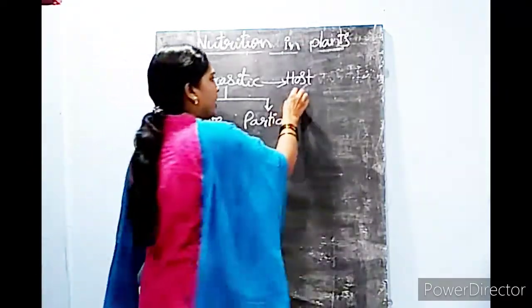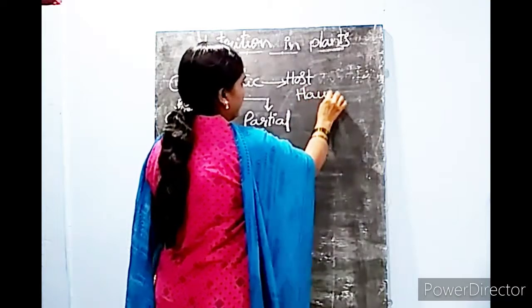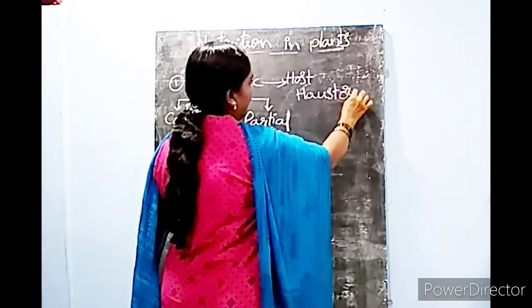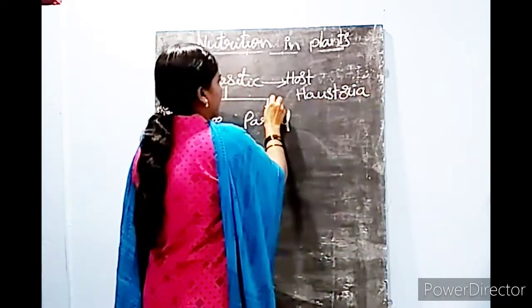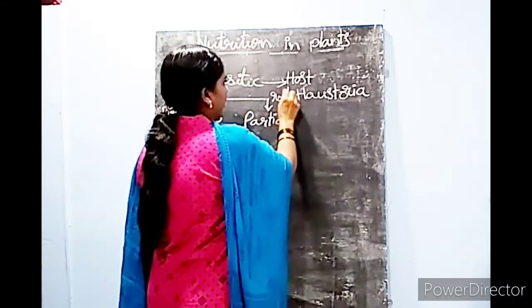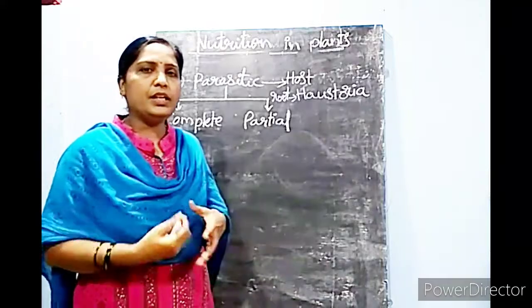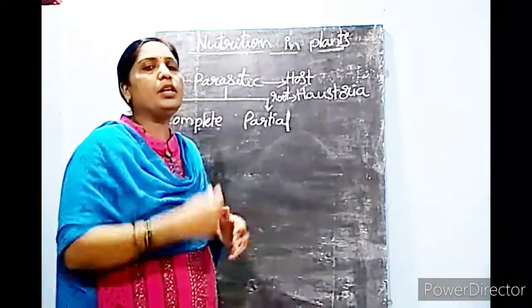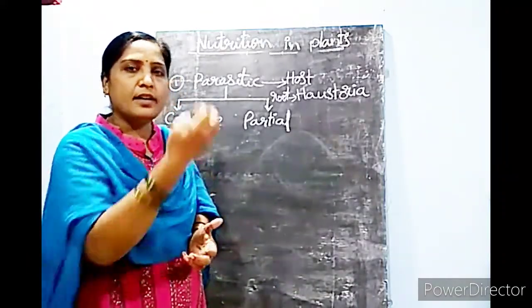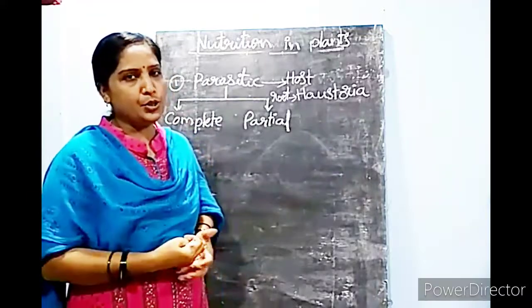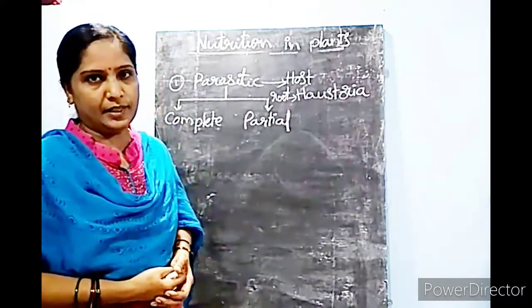Those roots are known as haustoria. So these haustoria twine around the host plant and they acquire the required nutrients from the host plant.